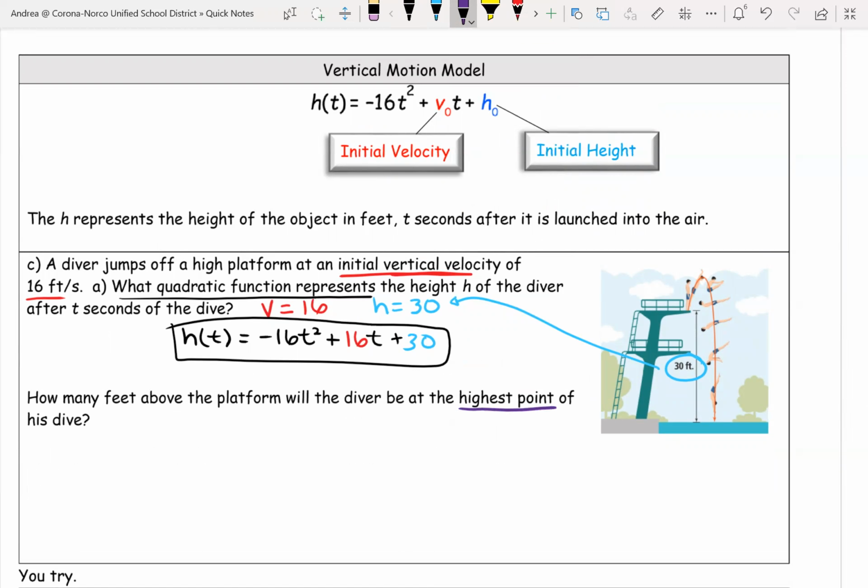Yeah, the vertex. The highest point in this case is the vertex because it's facing upside down, right? My parabola is facing upside down, so the maximum point is going to be the vertex. Okay, so we need to find the vertex.